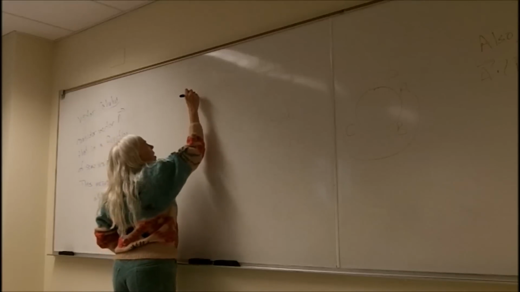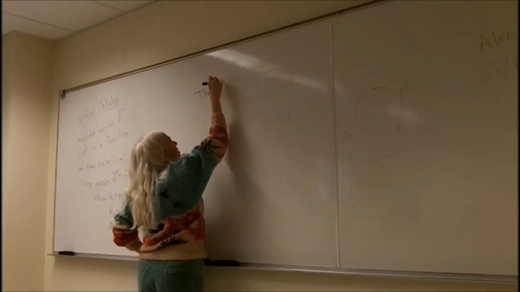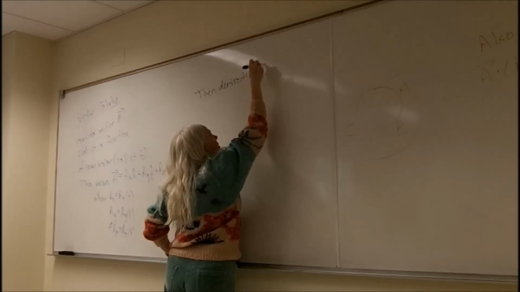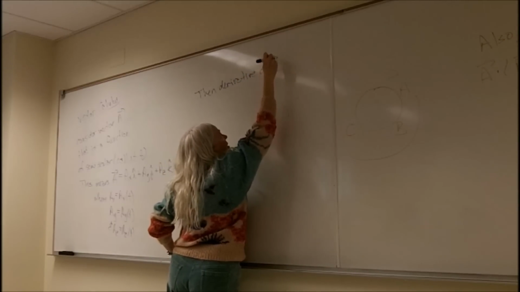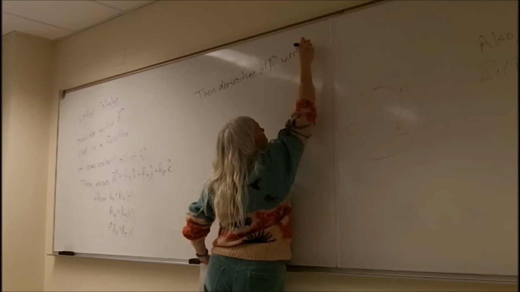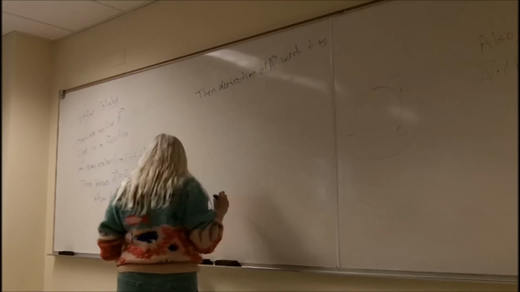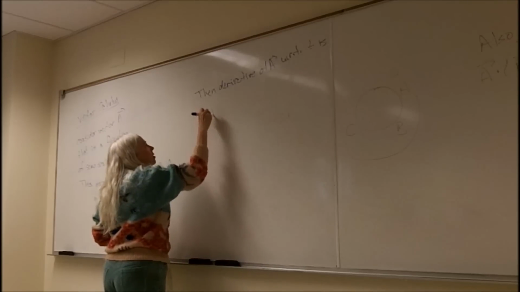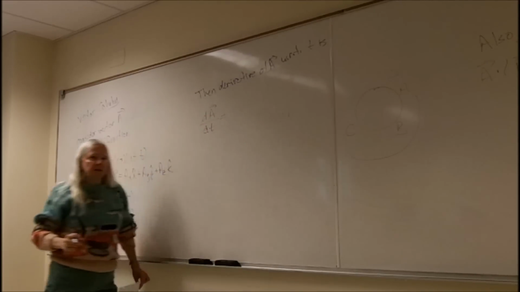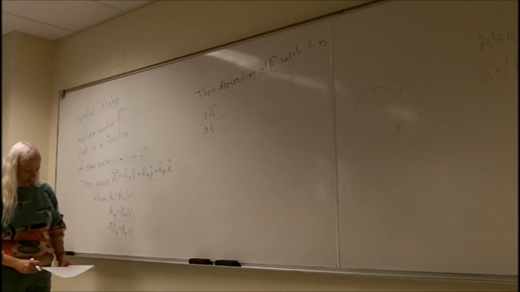Doesn't matter. Okay, so anyway, then the derivative of A with respect to t, and of course we write that as dA/dt just like we do for an ordinary derivative.